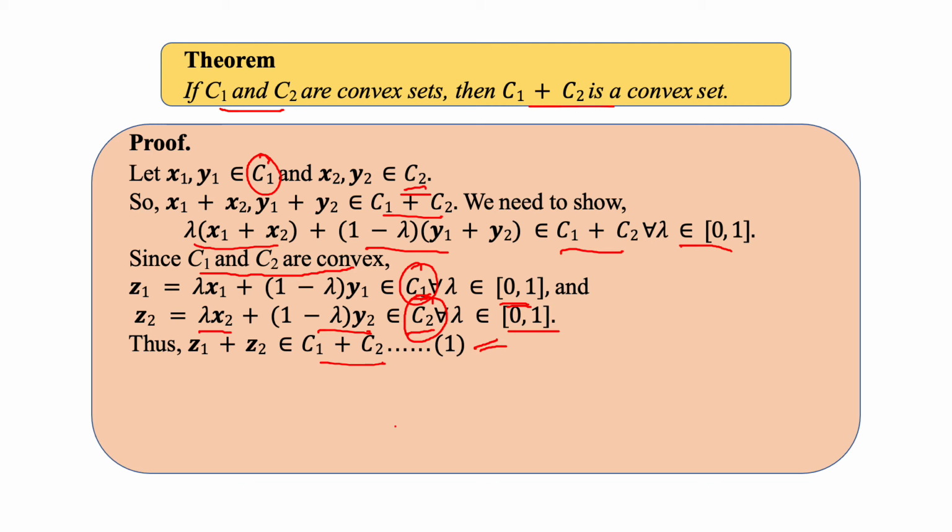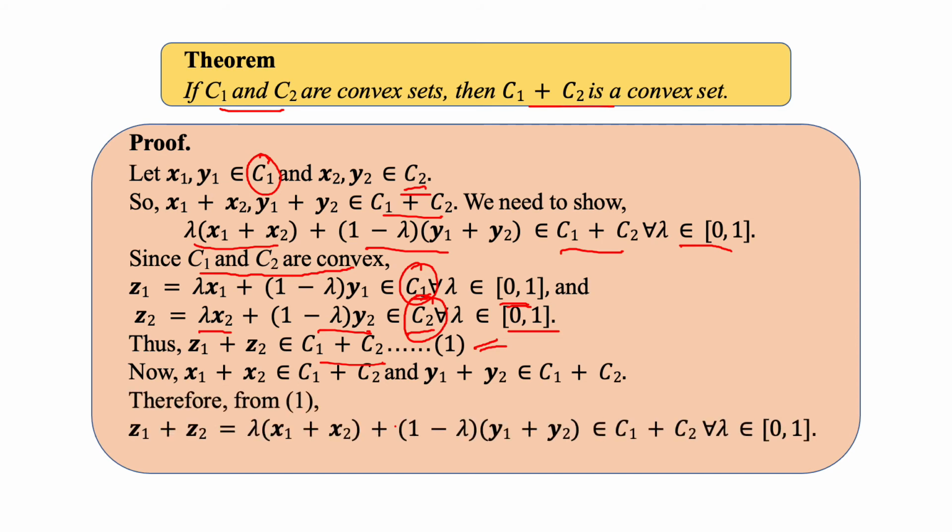So remember, x1 plus x2 belongs to C1 plus C2 and y1 plus y2 belongs to C1 plus C2. So if you sum these, the right side, what we get is lambda into (x1 plus x2) plus (1 minus lambda)(y1 plus y2), and that is nothing but z1 plus z2.